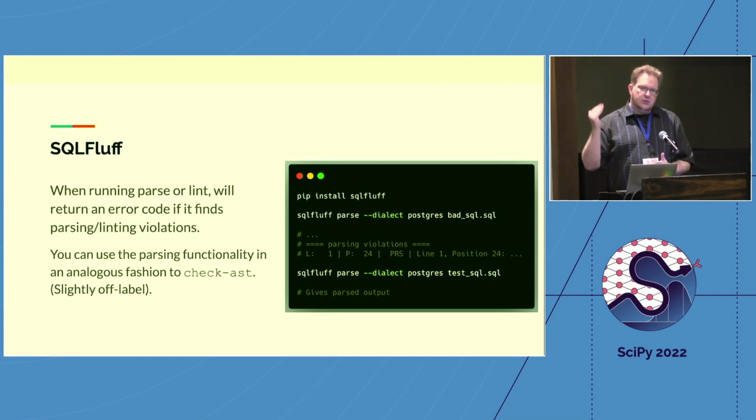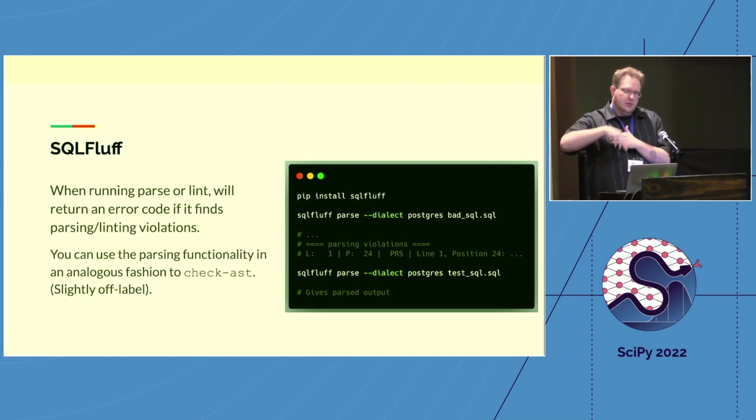Is this a valid SQL query or not? This is slightly off-label use for SQLFluff. SQLFluff's goal is more to properly parse and format good SQL queries rather than filtering out every bad SQL query. But they're very amenable to pull requests if you ever run into an issue where SQLFluff is letting this pass, but this would not actually be a valid SQL query for a given reason.